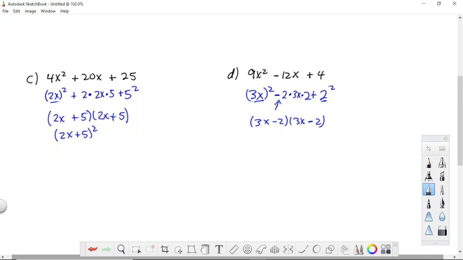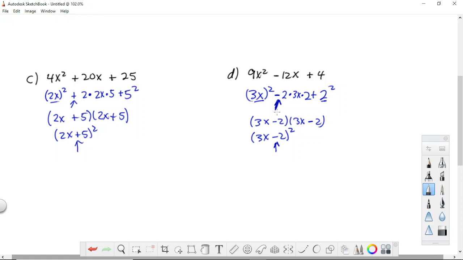Okay, it's negative this time. It was plus for that one, and since it was plus, then this is plus inside, which we can show down there. And of course we can write this one as 3x minus 2 squared, and that minus inside the binomial is because it's minus here, okay, in the original quadratic.